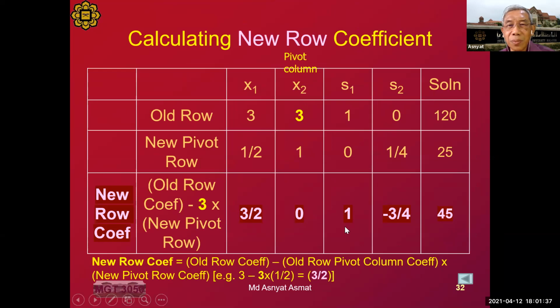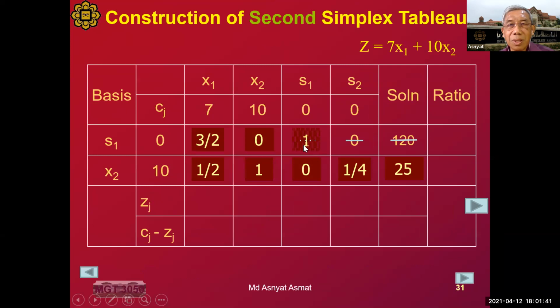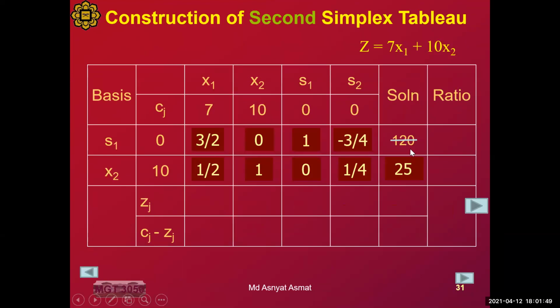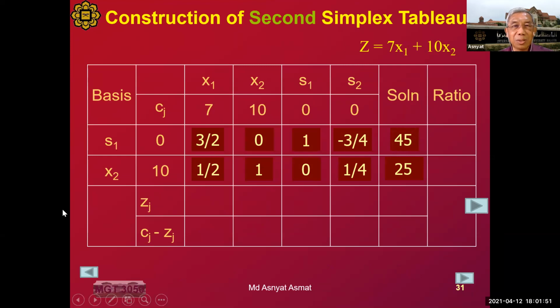What's on the right hand side? 45. So we change this 45. So this is the new set, the second tableau.